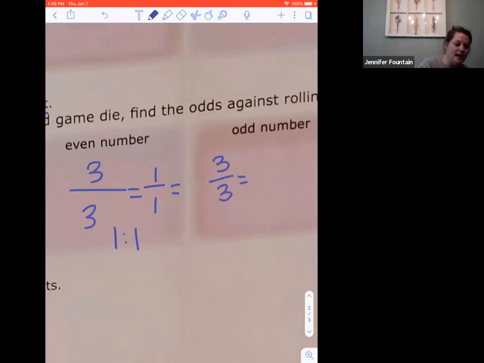Okay. Not half and half, but if you have the same numerator and denominator, every single time that's going to reduce to a 1-to-1 chance. So anytime you're doing odds in favor or odds against, and I have the same numerator as denominator, that reduces to 1/1, so I leave it as 1:1.